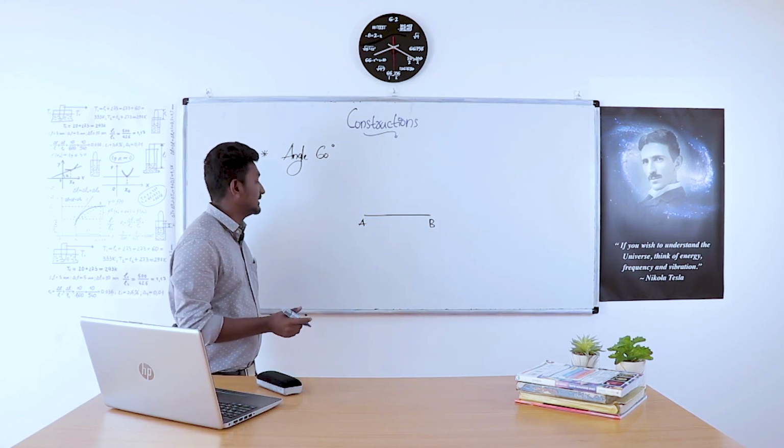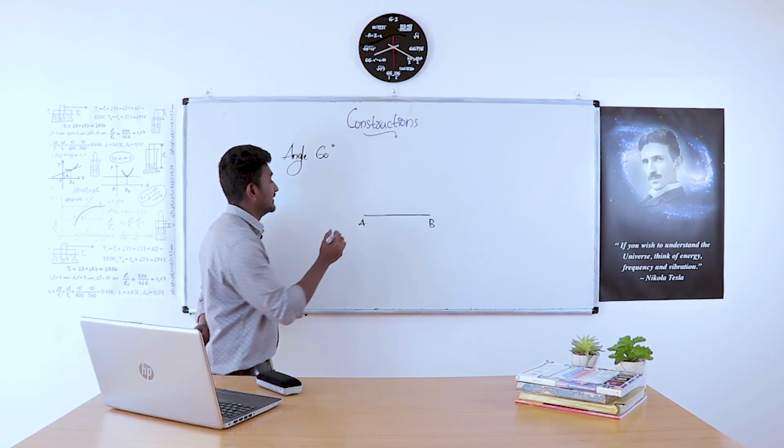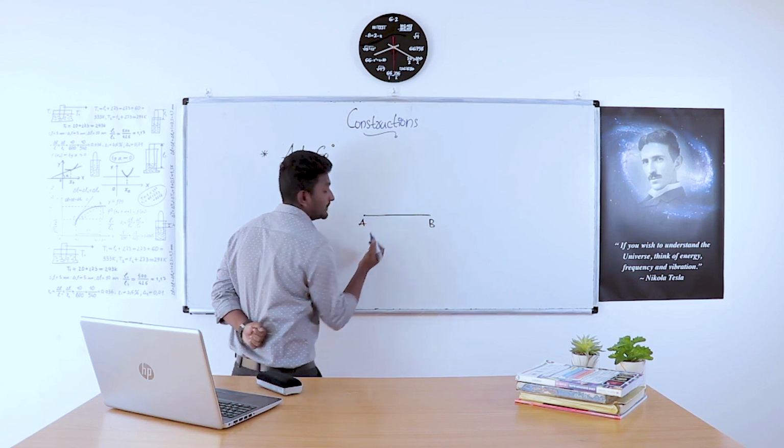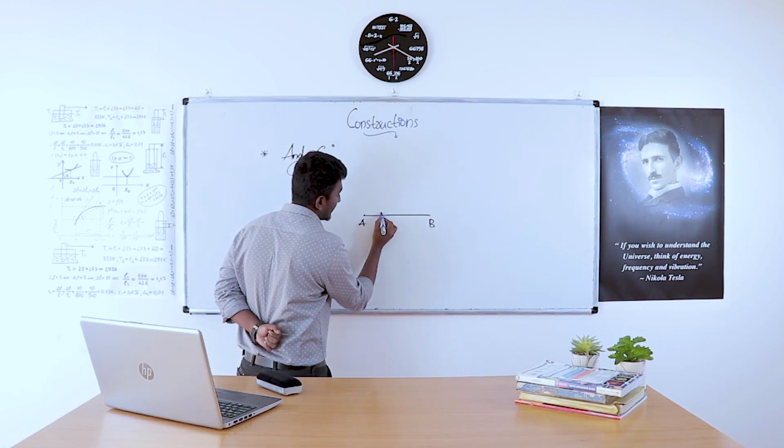For this, just fix your pencil in your compass. Fix the compass at A. Then draw an arc in the line segment AB.